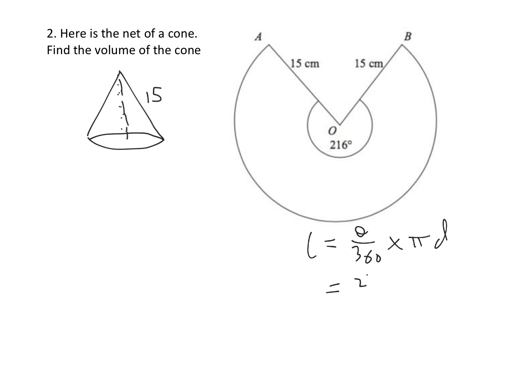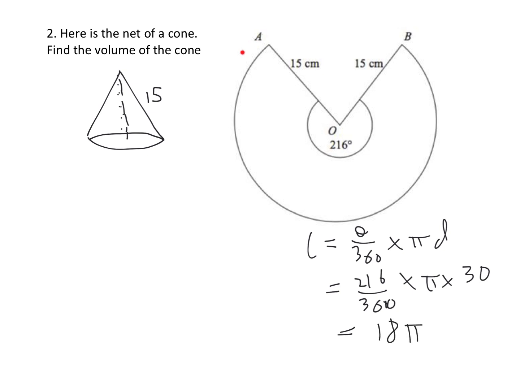In this question, the angle is 216, and the diameter, if the radius is 15, would be 30. That gives you 18 pi.